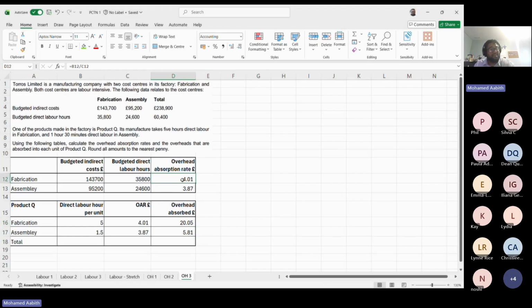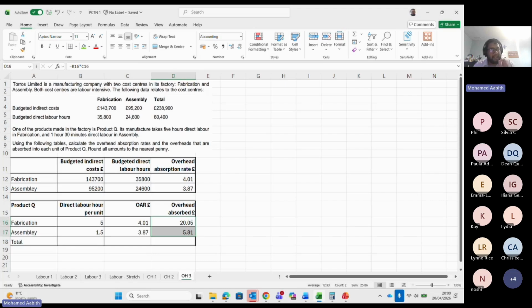When you're moving the number over, just copy the number instead of the formula. Initially I copied the same calculated number from here to here, and that gave me a different number. But if I copy the real number, which is £4.01 and £3.87, this is the number we're going to get.